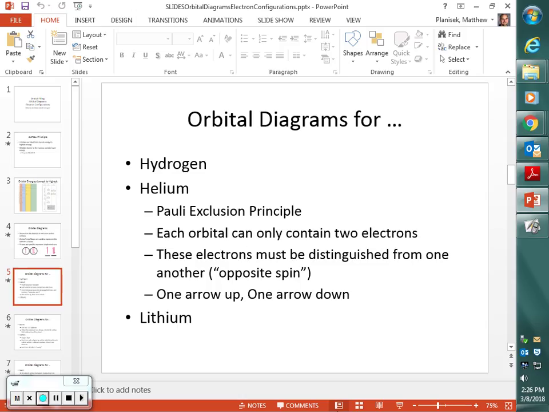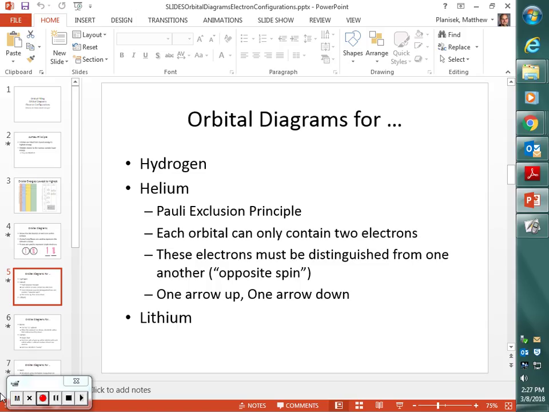I actually mentioned it a little bit before when we were doing our quantum numbers. What does the Pauli exclusion principle tell us in regards to orbital filling? Each orbital holds a maximum of 2 electrons. Once that orbital contains 2 electrons, it is full, and then we'll move up to the next highest energy.